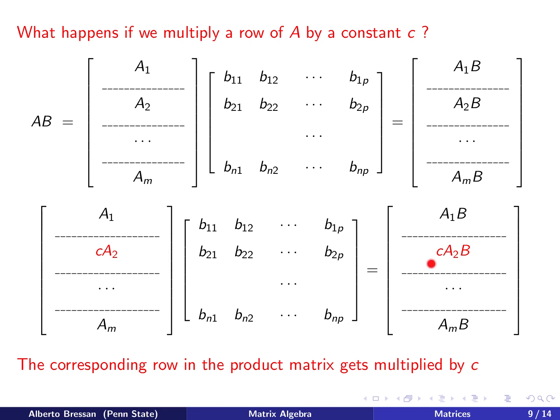The only one that will be changed is A2 times B, which is now C A2 times B, marked red, and the rest is the same. So in the product, the corresponding row will just be multiplied by the same constant C. We remark that multiplying a row by a constant is one of the elementary operations we talked about earlier.